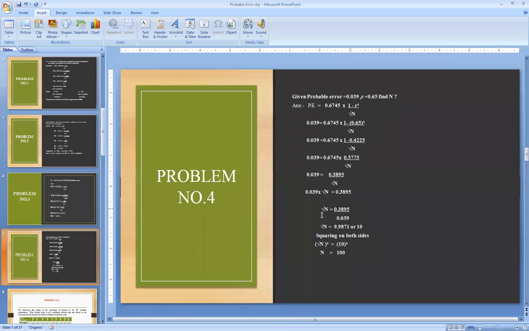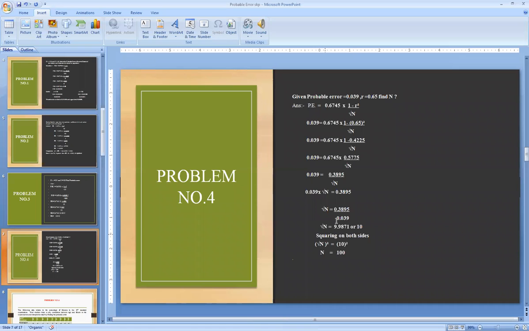Again we have to calculate the value of n, retaining root n on the left side as it is. Then we shift this, because it is in the position of multiplication, it goes to the right hand side division place. So 0.3895 on the right hand side is written as it is, then you shift this 0.039 to the right side division place.